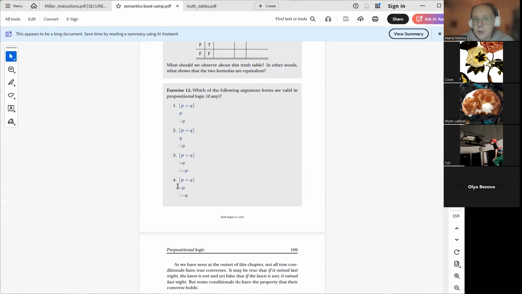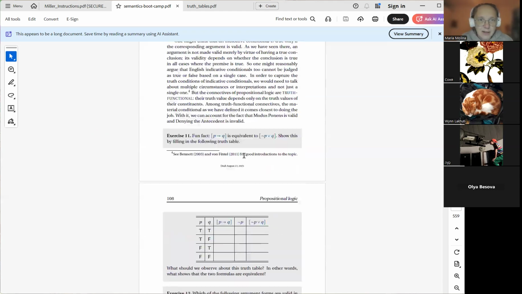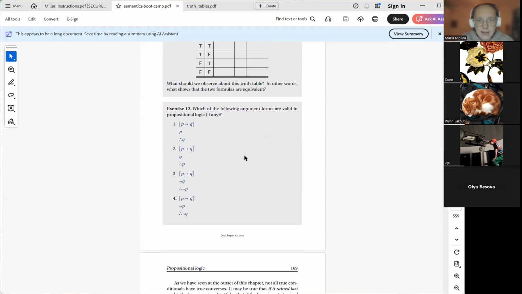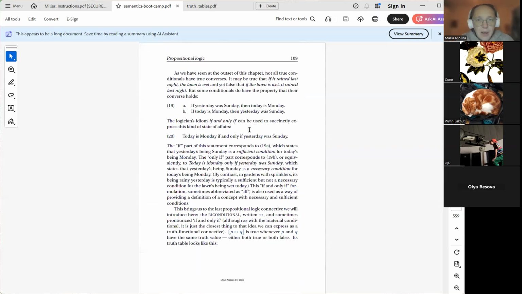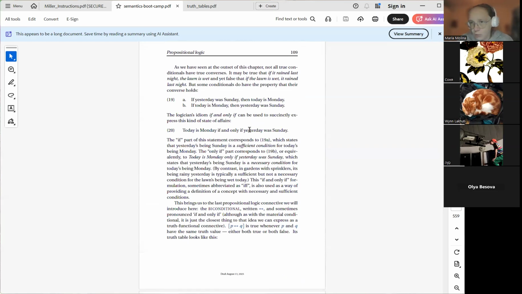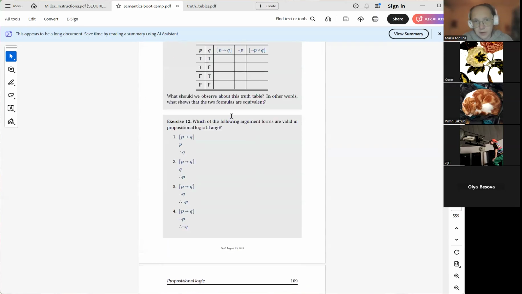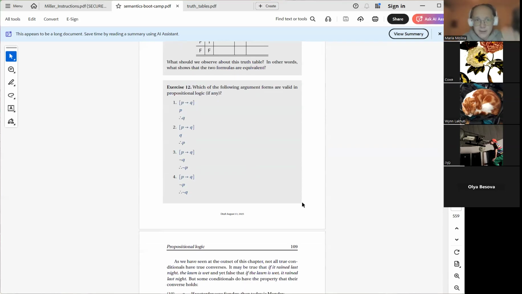Let's say we need time to think about it, and as we did exercise 10, then exercise 12 for you to think about at home. Do you agree? Or shall we try and think about it? I think we need time here to think. So exercise 12, we think at home.